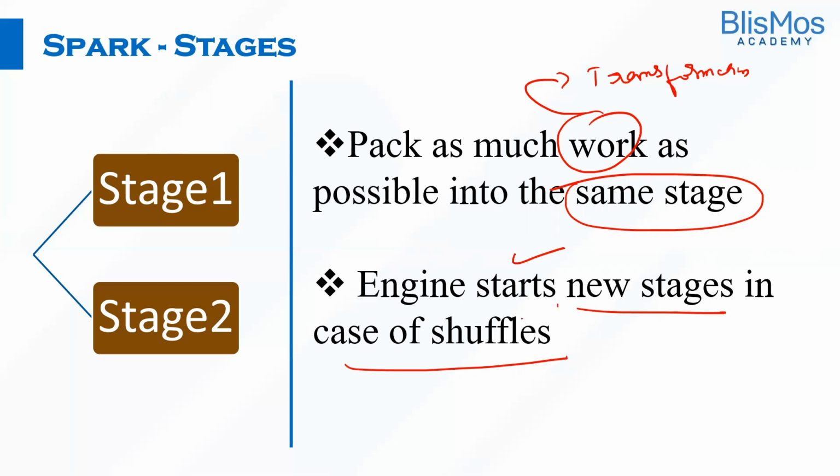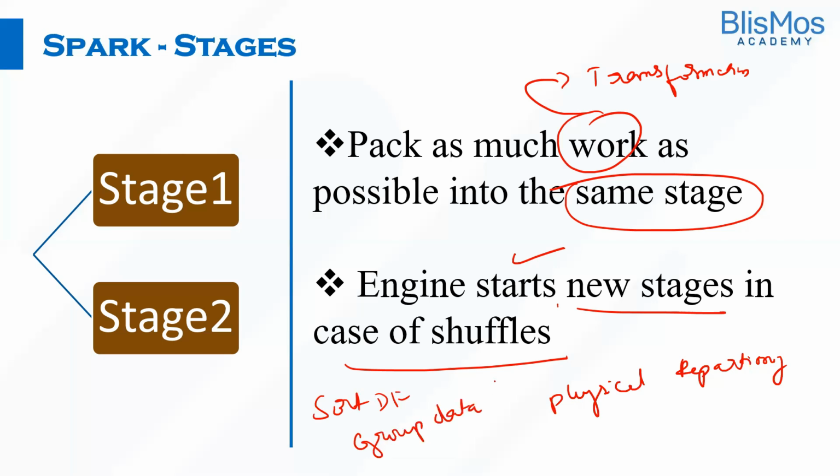Shuffle happens whenever there is a physical repartitioning of the data. When this physical repartitioning or shuffle happens, let us say whenever you want to sort the data frame, or whenever you are trying to group the data.